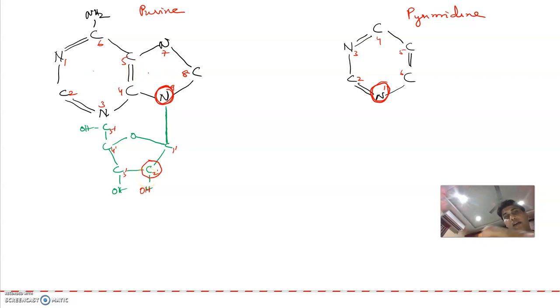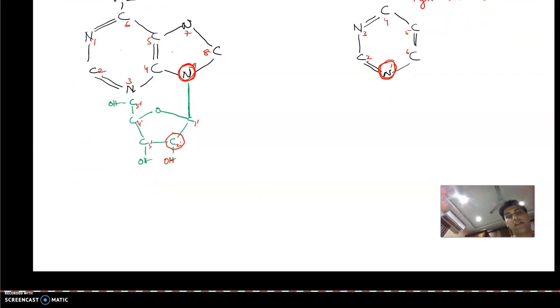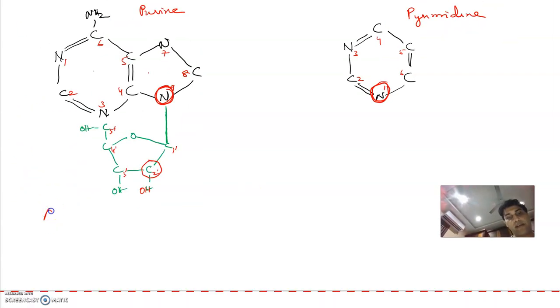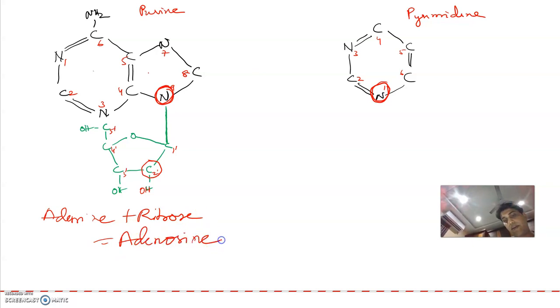So adenine, a purine, plus a ribose sugar becomes adenosine. Suppose I remove this OH, now it becomes deoxyribose.